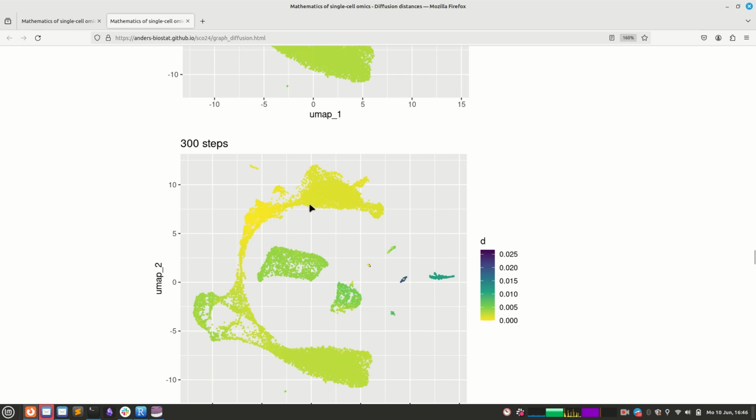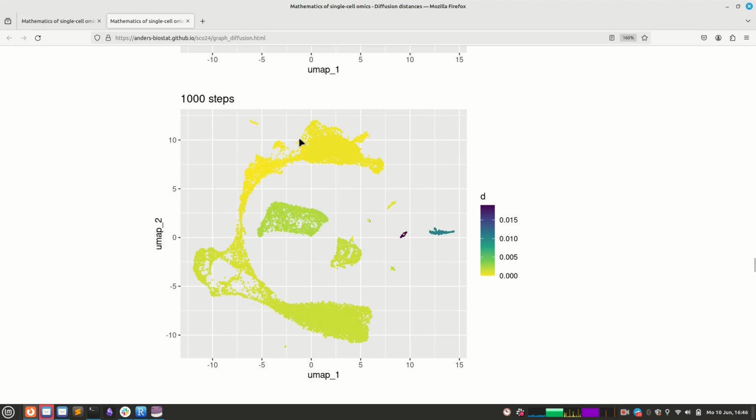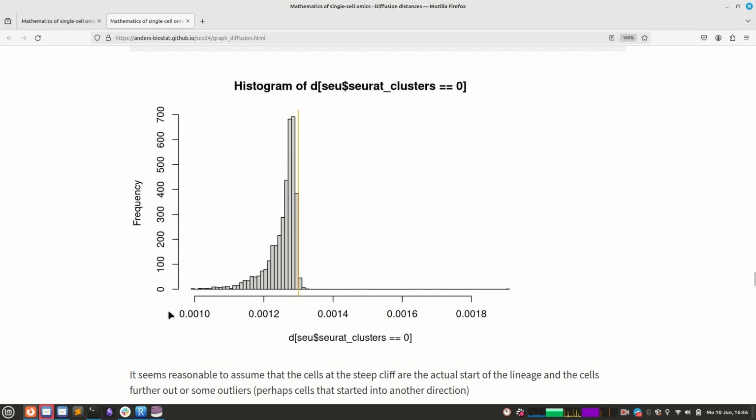So I find some cell which is far away from my intermediate starting cell here within this cluster and within that cluster. This cluster here, that was the cluster number 0 here, and I plot all the distance values from my starting cell to the cells in this cluster 0. And here's a histogram of them.